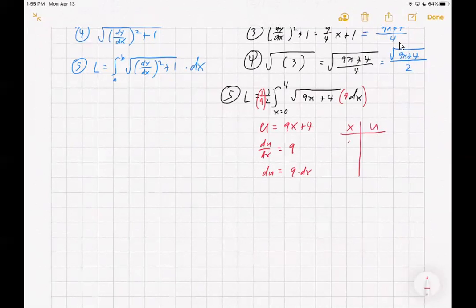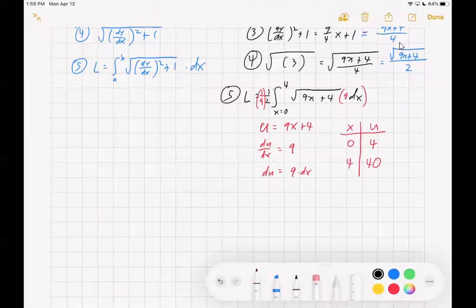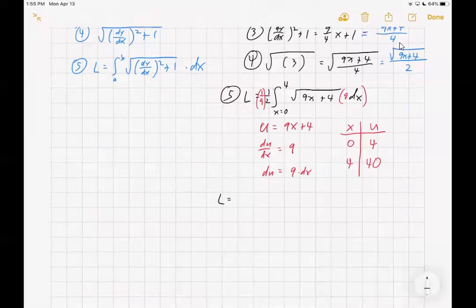When x is 0, then 9x plus 4 is 4. When x is 4, 9x plus 4 is going to be 40. Okay, so those are the new limits. Now we're ready to rewrite it. So the length will end up being 1/2 times 1/9, so that's 1/18 out in front.